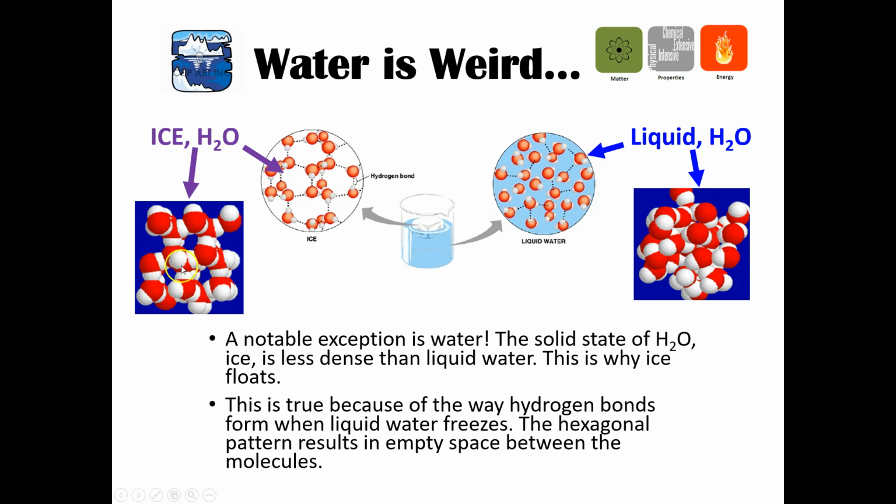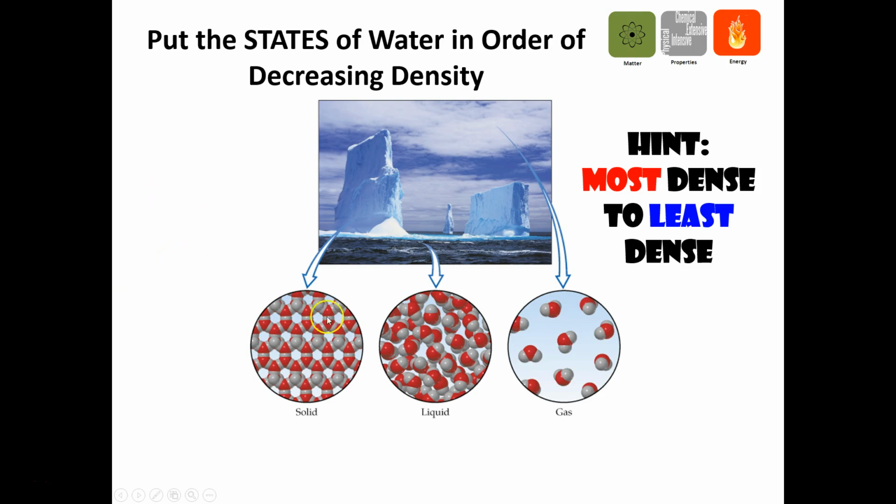So for water, the solid state of H2O is less dense than liquid H2O. And of course, gas is still going to be the least dense of all. So the order between solids and liquids has been flipped.